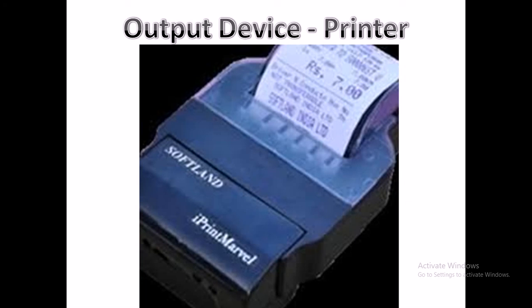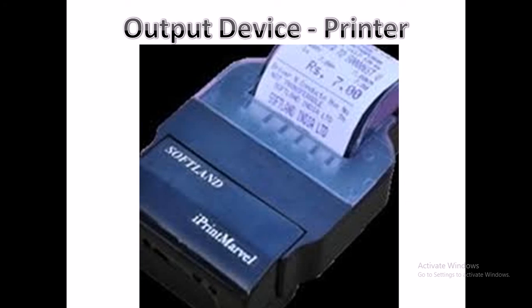A dot matrix printer has a small set of needle-like pins to print words and pictures. The words or pictures are printed in the form of dots. That dot technology can be used for printing on carbon papers also.